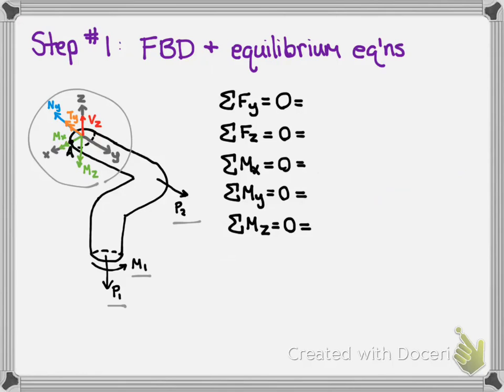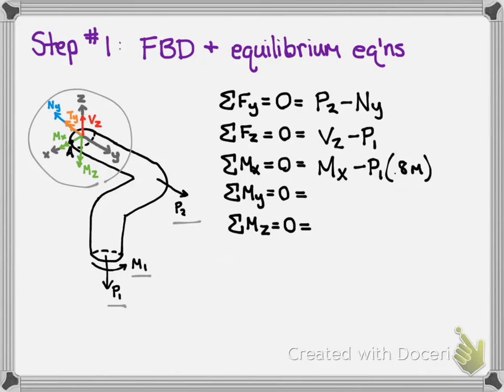We're going to start with the sum of forces in the y direction, which is given by P2 minus Ny. Our sum of forces in the z direction gives us Vz minus P1. Our sum of moments along the x-axis gives us Mx minus P1 times 0.8 meters.